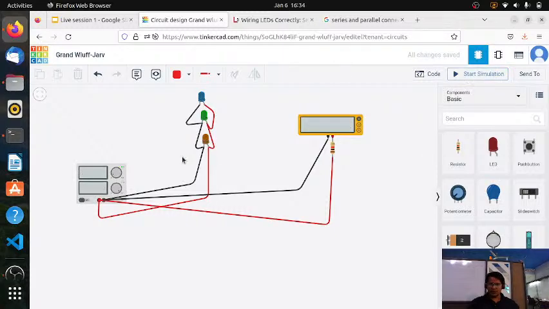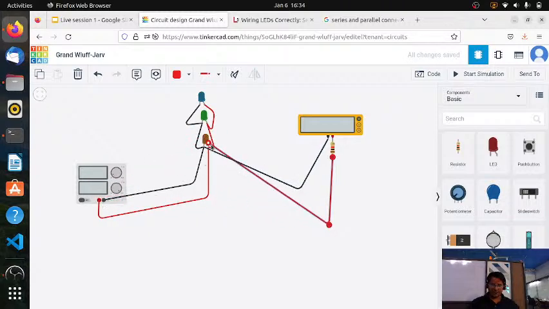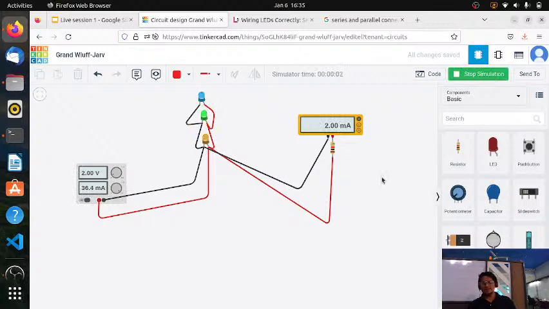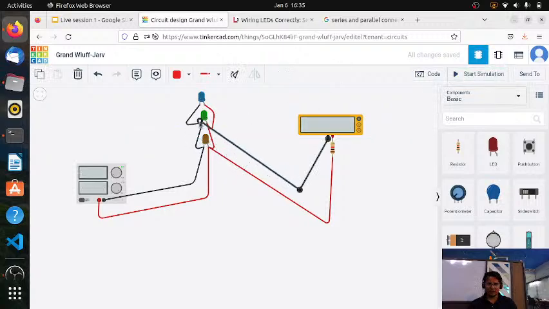Okay. Now, same thing, 2 milliampere, and now this is negative. I will connect to the negative of this LED, and this is positive. I will connect here. And let's do the simulation. What you can see, it's 2 milliampere. And again, let's stop this.